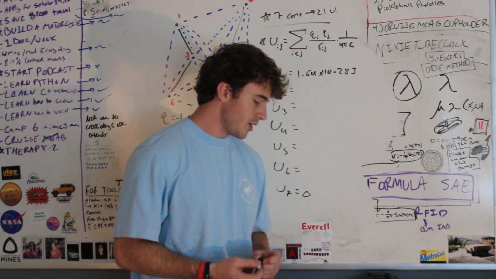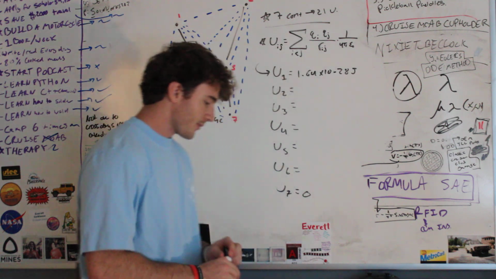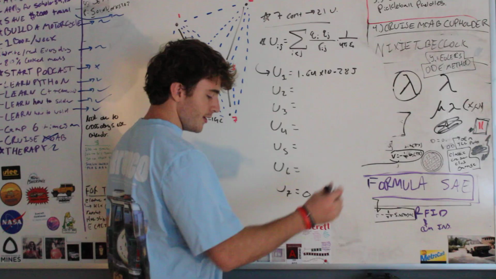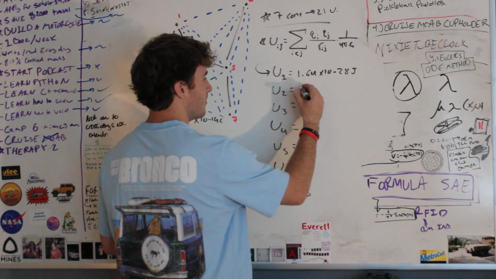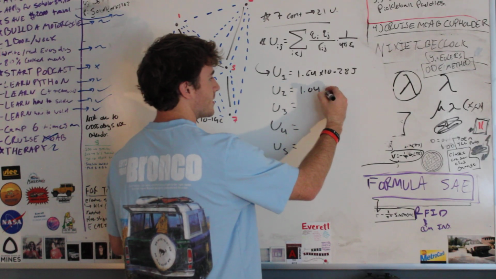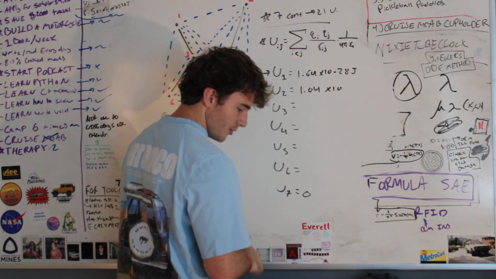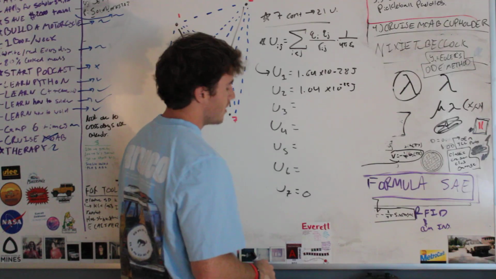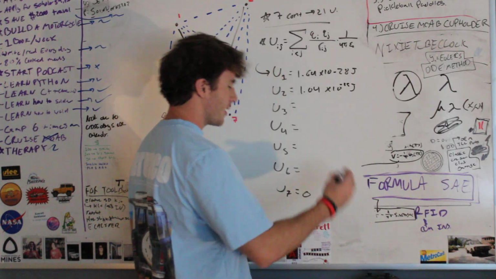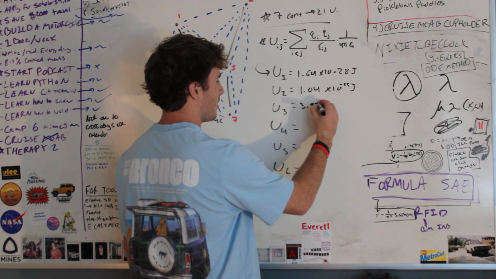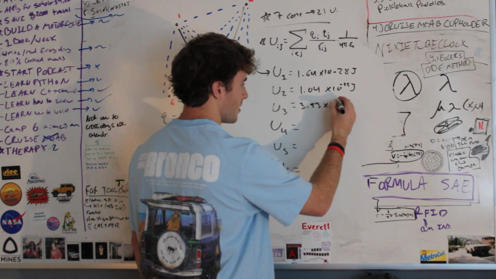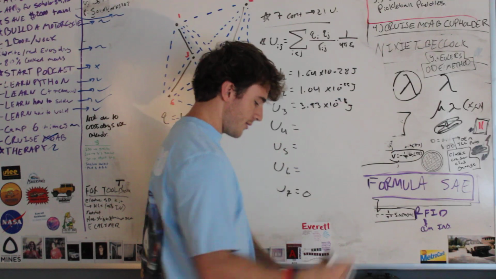So my U2, when I worked out all those distances and plugged them back into the formula, should be 1.04 times 10 to the negative 28th joules. For U3, I got 3.93 times 10 to the negative 28th as well. And then we'll just keep moving on.